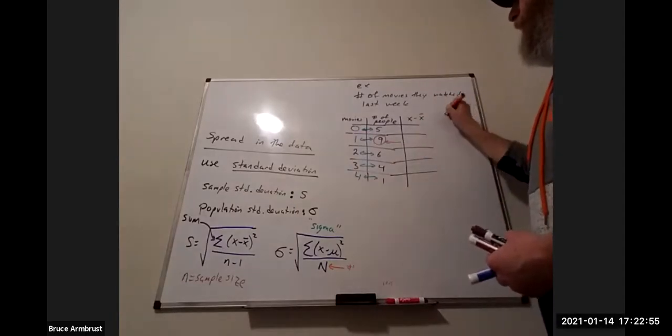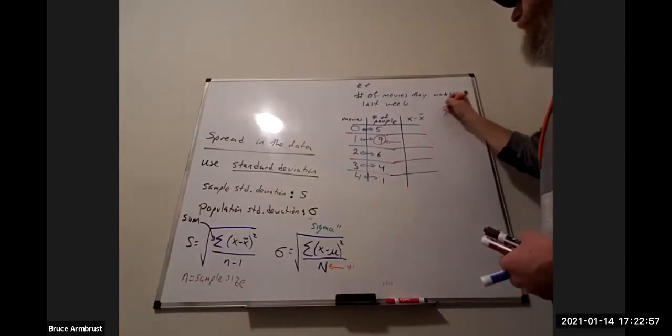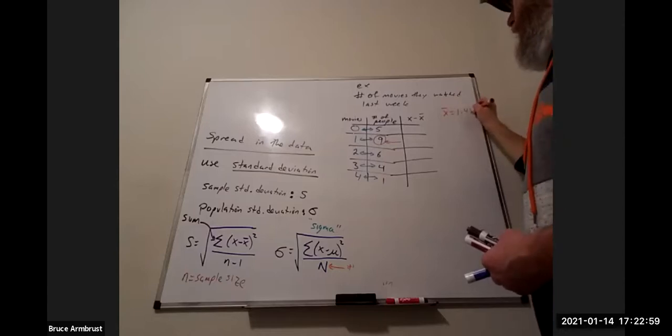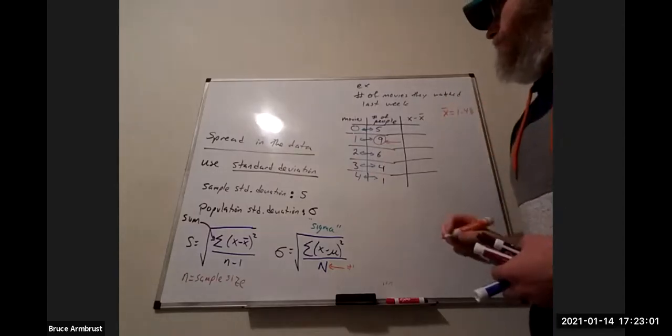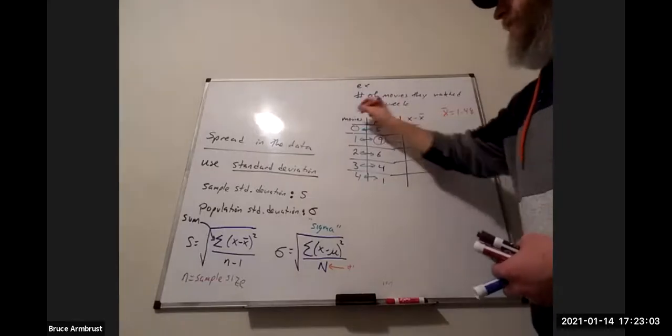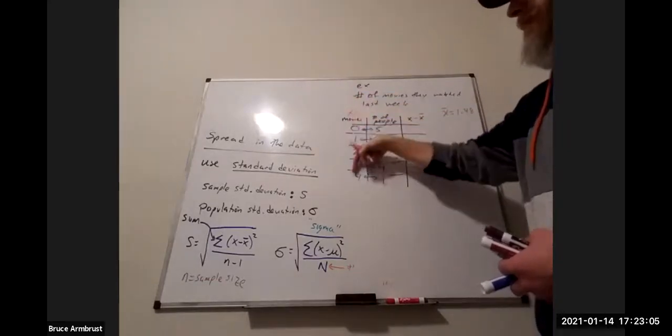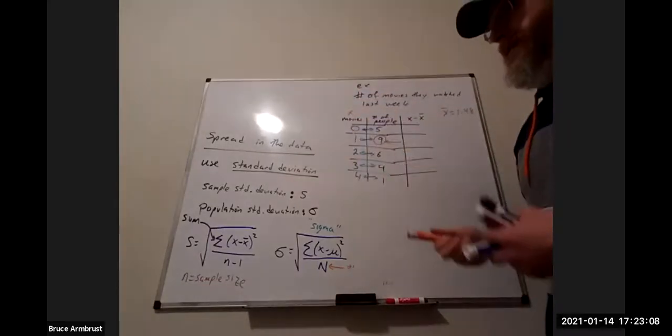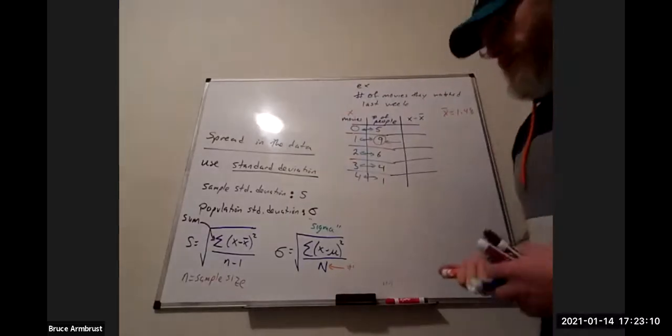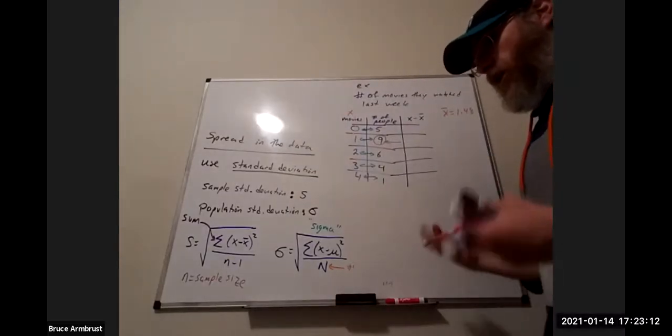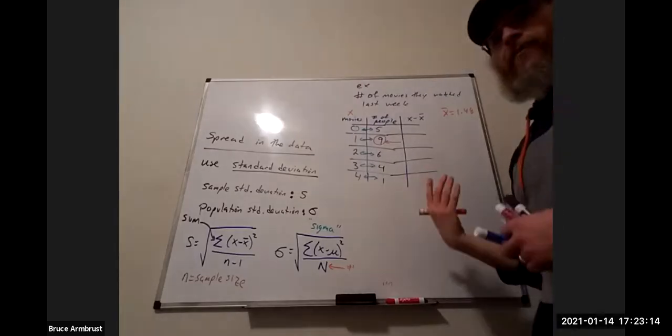Remember x bar, let me rewrite it. It was 1.48. And x, that's this column. That's the response, that's the actual number of movies that people watched. I want to see how far those numbers are from the average.